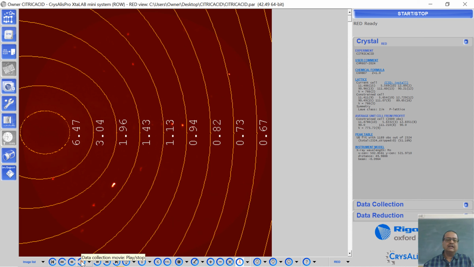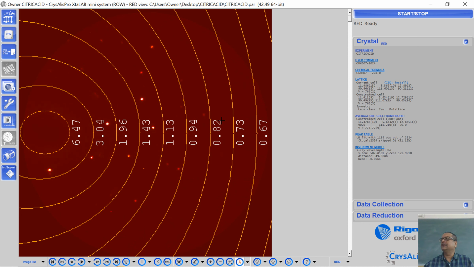Now when you have the data, by clicking this play button, you can see how the data is, whether it is diffracting up to a high angle or not. You see there are spots beyond 0.82 angstrom.